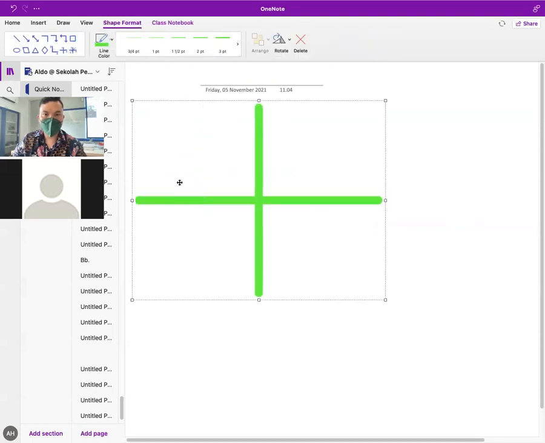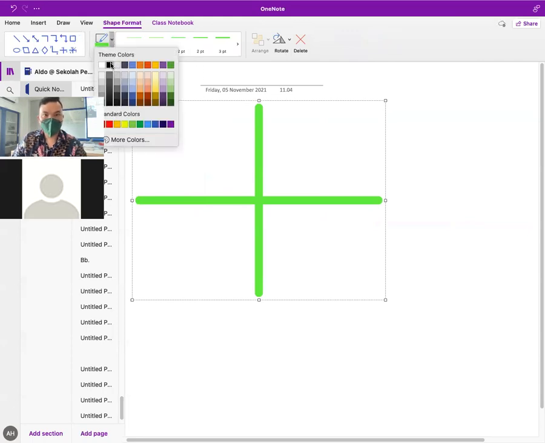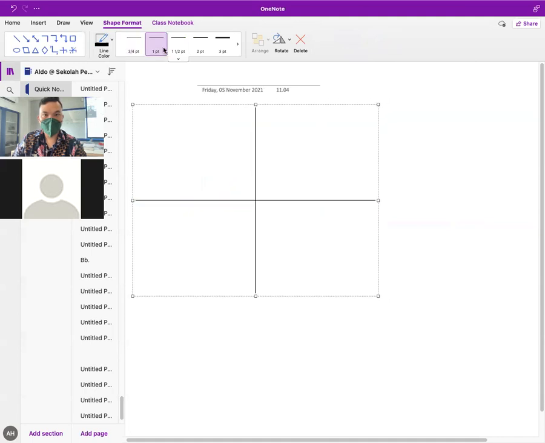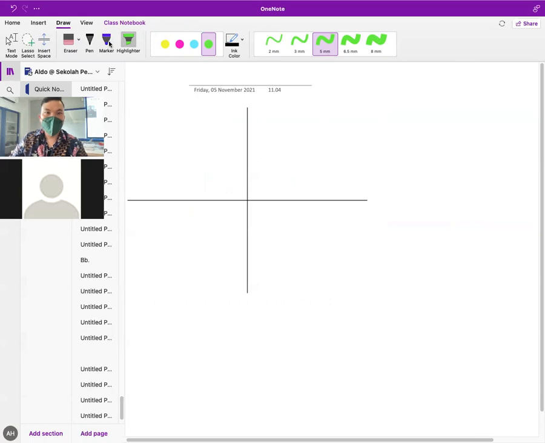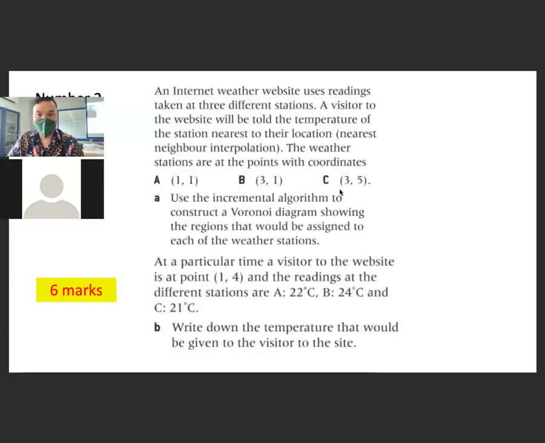Black here. And then after that, what we should do here? (1,1), (3,1), (3,5).